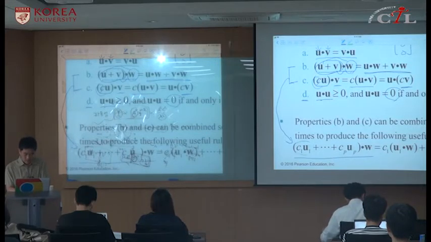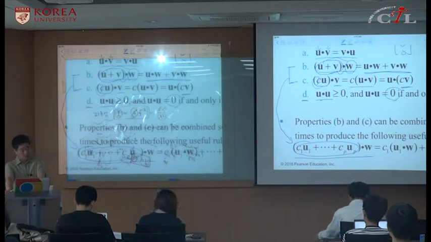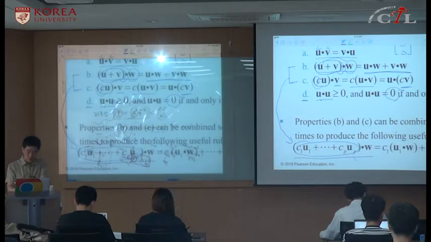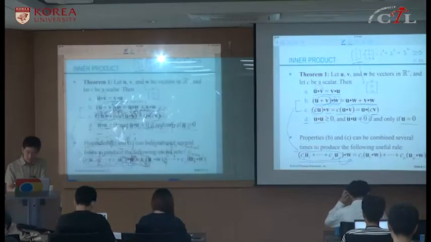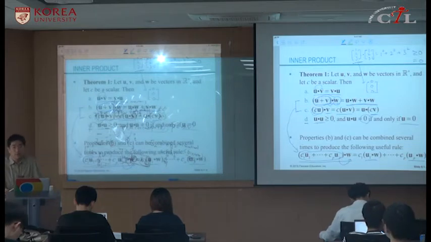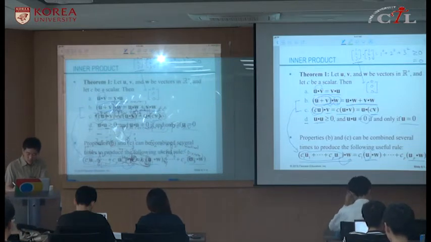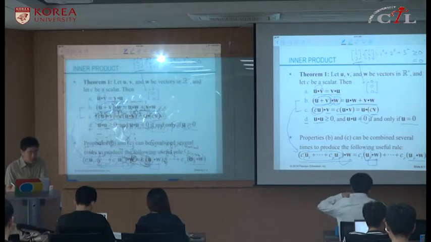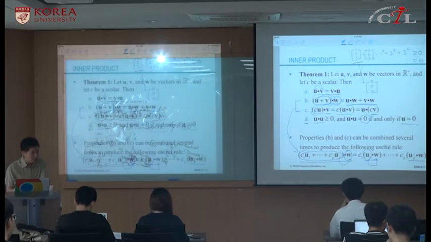Given multiple vectors, we first consider their linear combination, and then perform the inner product of that linear combination with another vector w. That is the same as first computing the inner product of each ingredient or basis vector with the vector on the right, and then linearly combining them using the same linear combination weights.